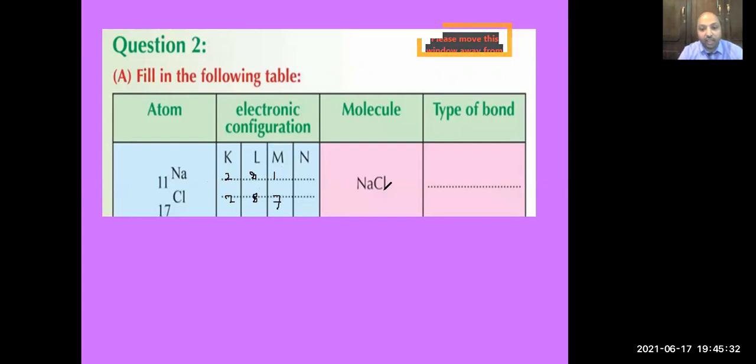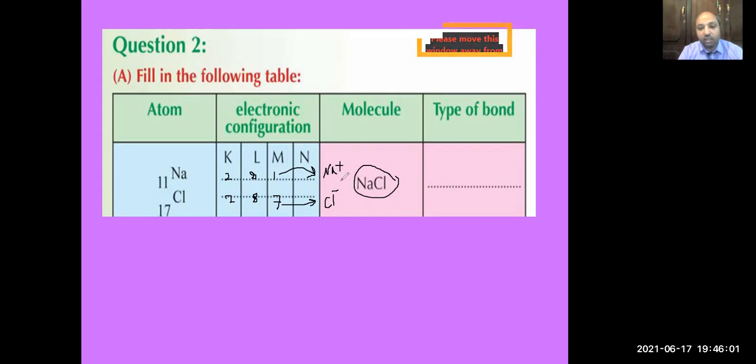And here the molecule is NaCl, because sodium loses one electron and changes into a positive ion, carrying one positive charge. And the chlorine atom gains one electron lost from the sodium atom and changes into a negative ion.